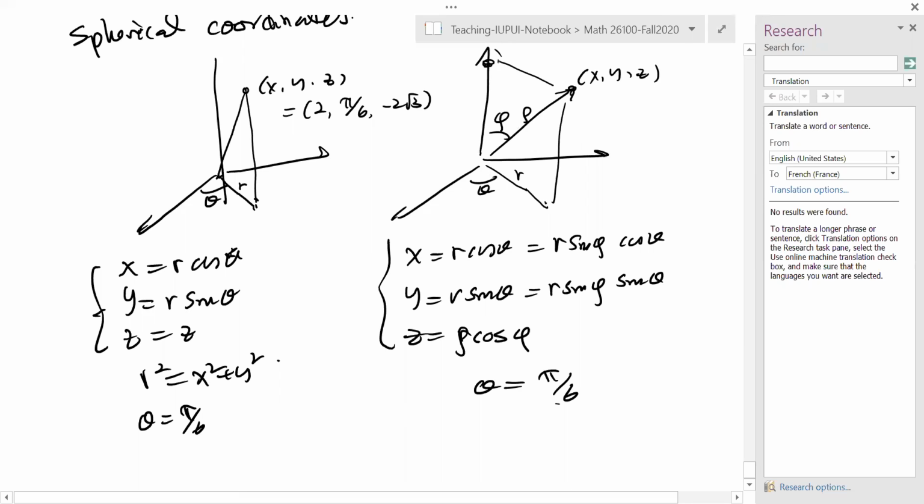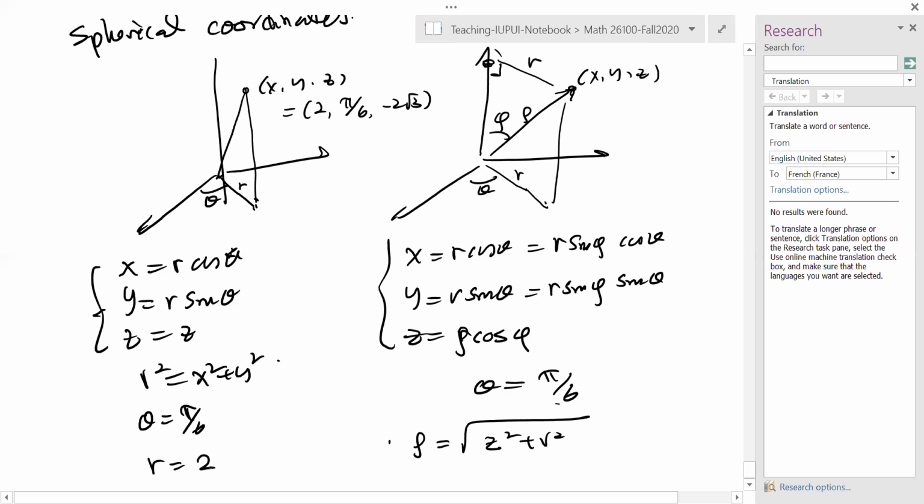Now, if you look at the triangle, this is a right triangle. If you know this side is r, so from here, I can tell that rho is going to be the square root of z squared plus r squared.